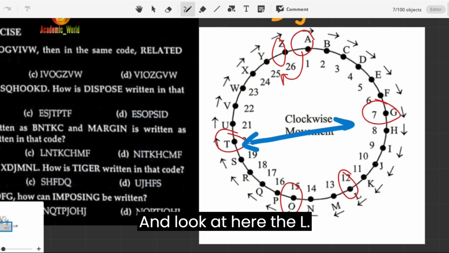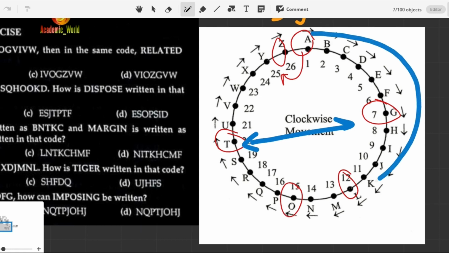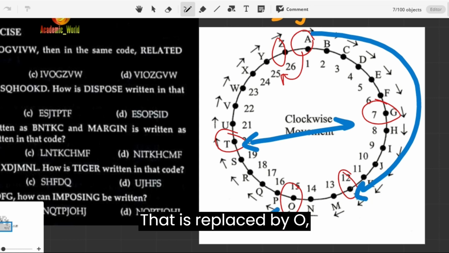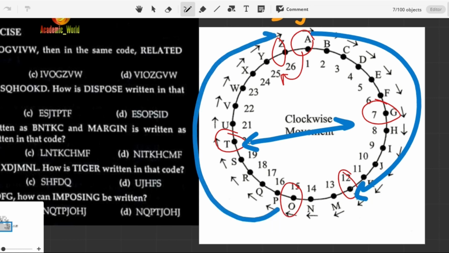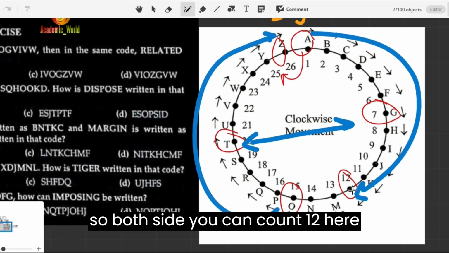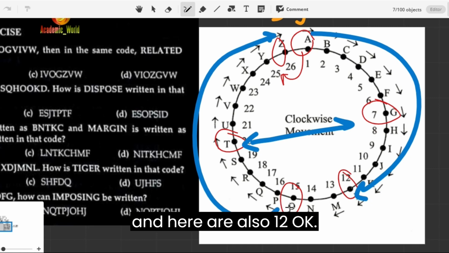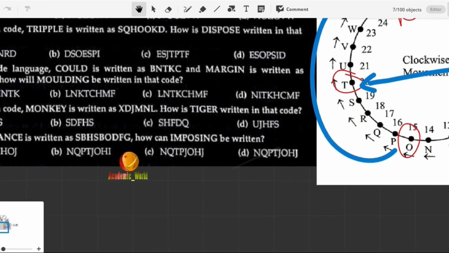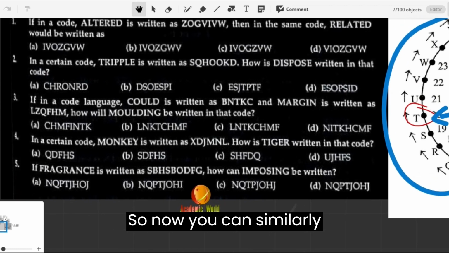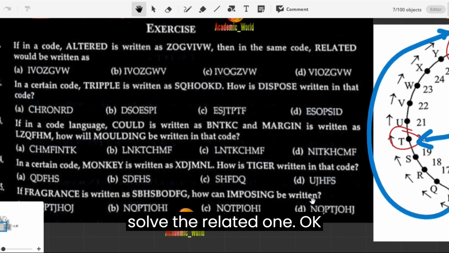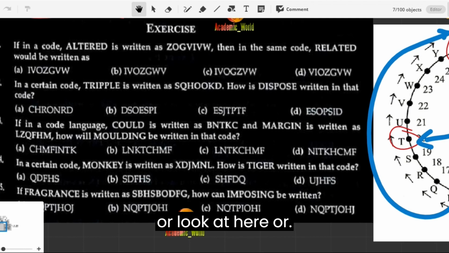Look at L, which is replaced by O. Counting from both sides, you get 12 here and 12 there. Now you can similarly solve RELATED.